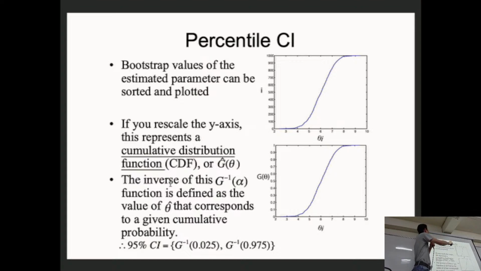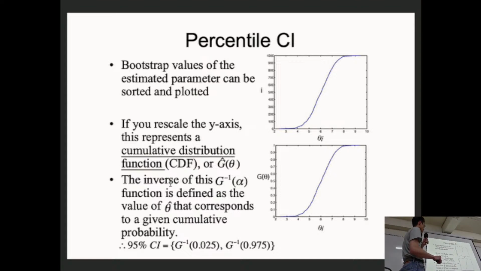If you standardize that 1000 into 1, that becomes the percentile. So you can rescale and create this empirical CDF, which we call the G function. This G function transforms from this to this; it just converts your original data into the empirical CDF. The inverse of G defines the confidence interval.